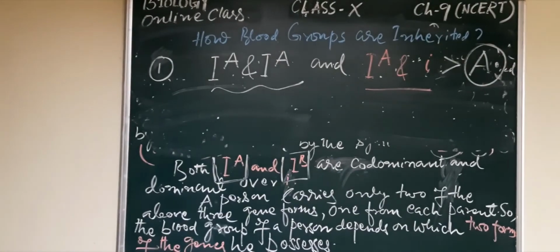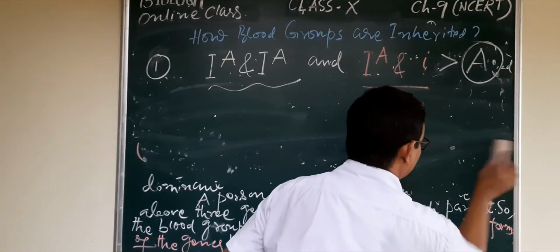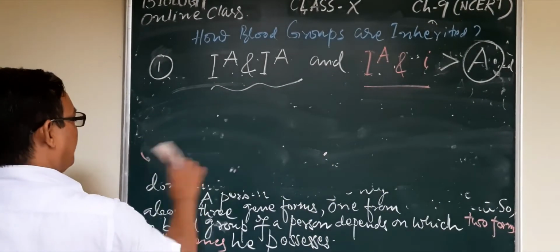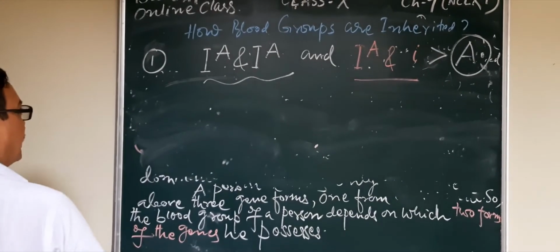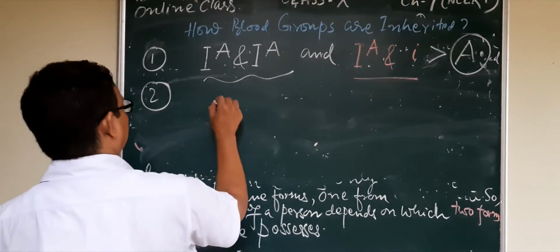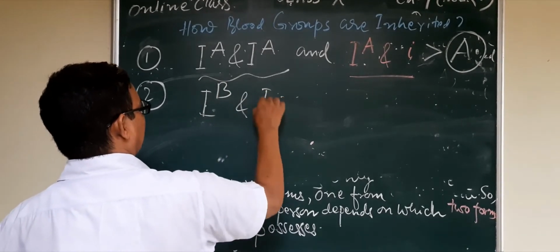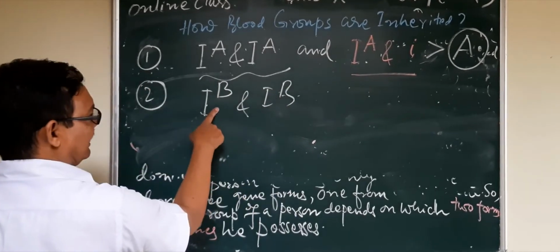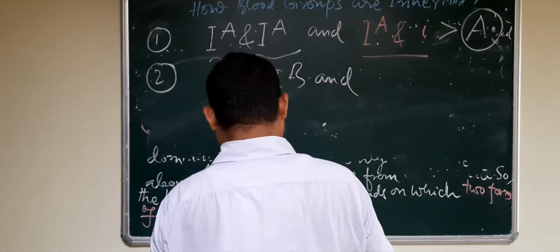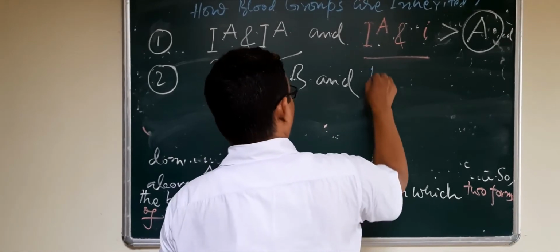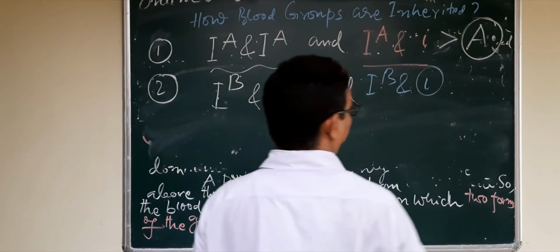Understand? Now let us look at the others on this similar pattern. Suppose a person is getting both IB and IB, or IB and i, as i is recessive.